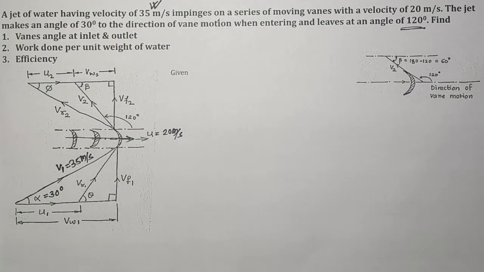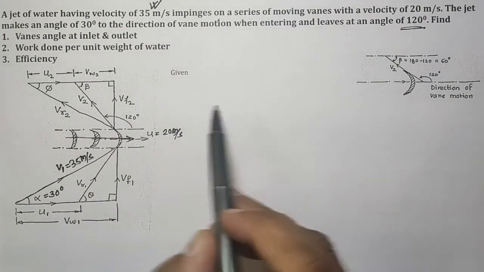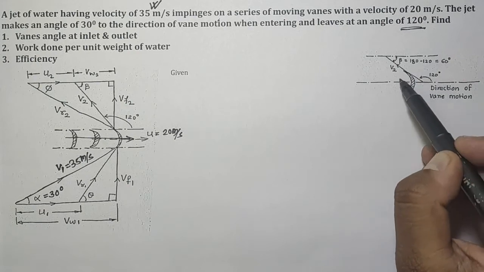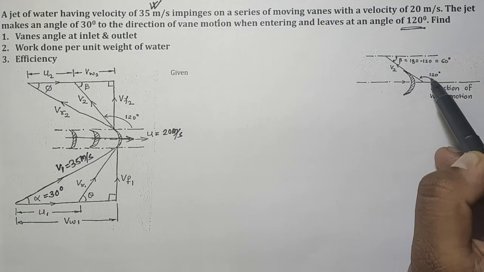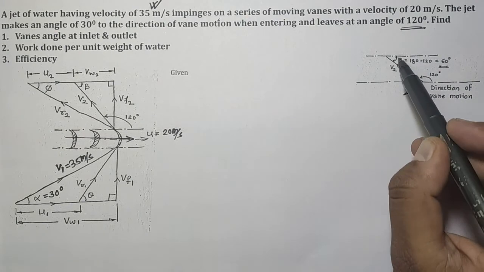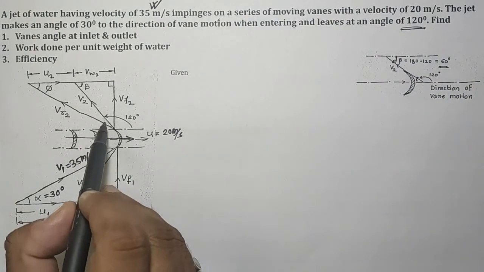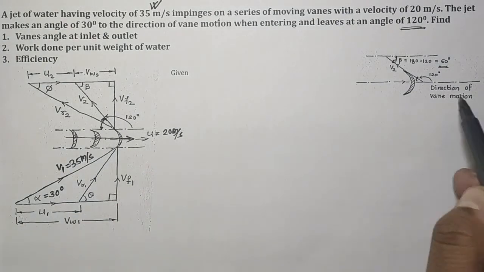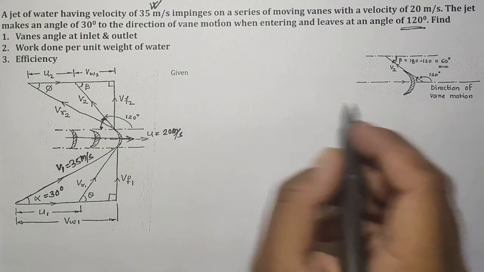If this one is 120 degree, the total angle is 180 degree, so 180 minus 120 becomes 60 degree. If this angle is 60 degree, this one is also 60 degree. So we can consider beta equal to 60 degree.